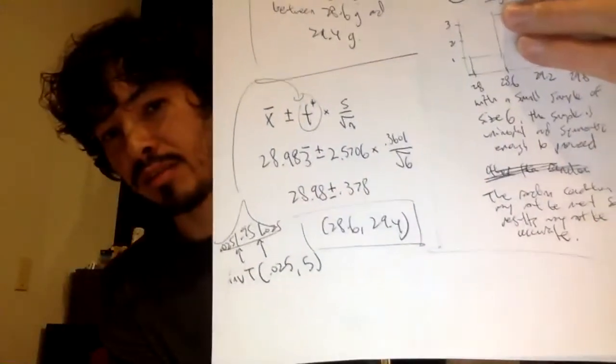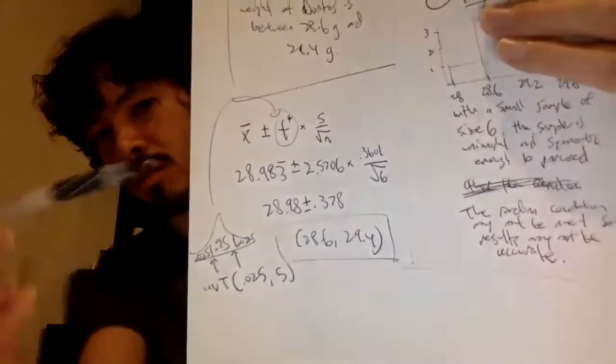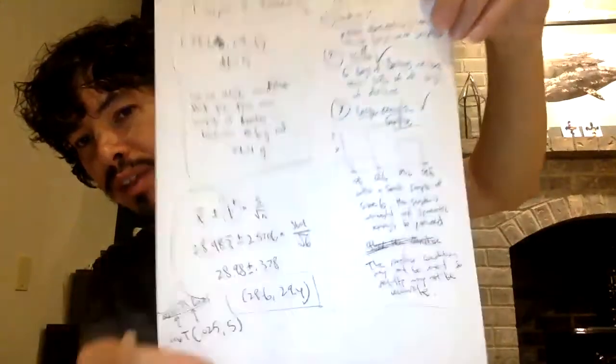So it's 28.98 plus or minus 0.378. 28.98 minus 0.378 is 28.6, nice. And then 28.98 plus 0.378 is 29.4. That's our confidence interval. All right, so that's where it comes from. That's what your calculator does for you when you put t interval in there, okay? And you don't need this on the AP test. If it's a free response, you only need that stuff, but you got to know that stuff, right?